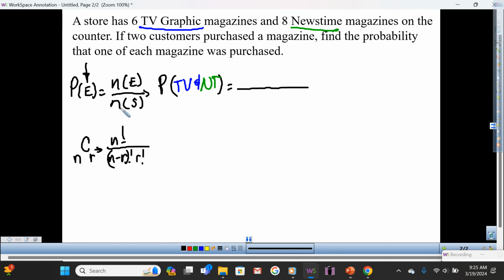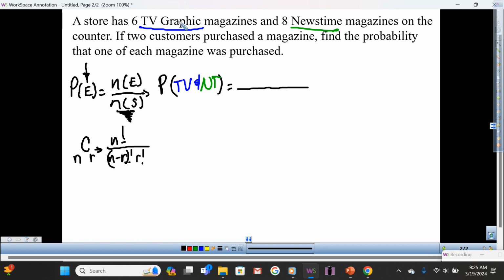If we're following this, what did we say n of s was, everyone? What is n of s? Peyton, pass someone. Chelsea, n of s stands for what? The total, of course.